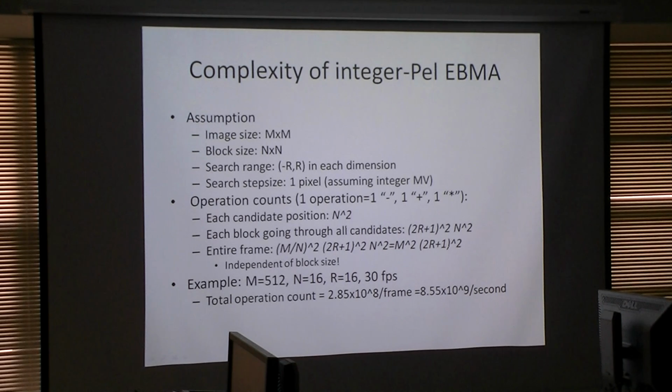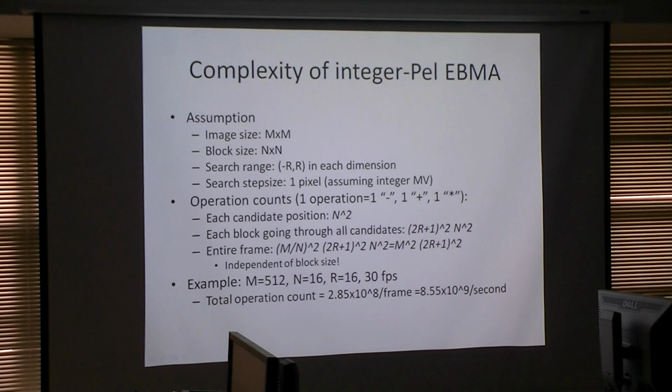As defined for the operation count, we suppose minus, plus, and multiplication are one operation each. For each candidate position in each macro block, we should make at least n square subtractions because it's a pixel-wise absolute difference.